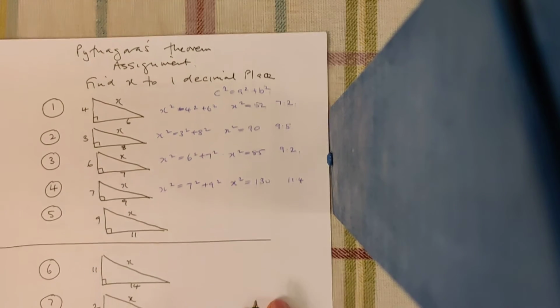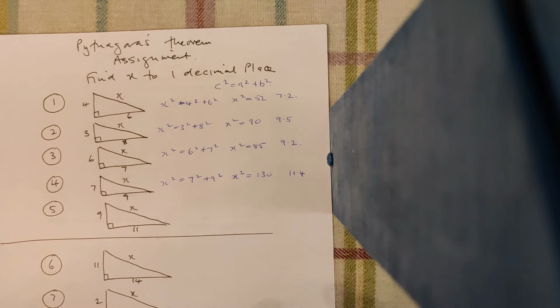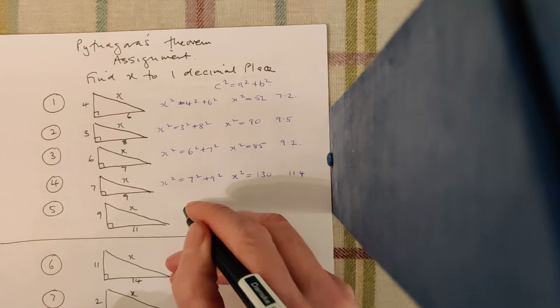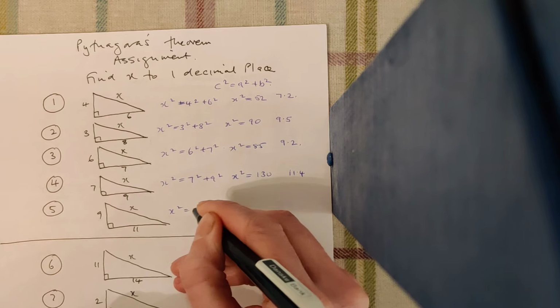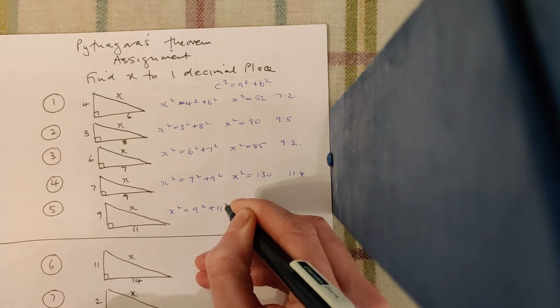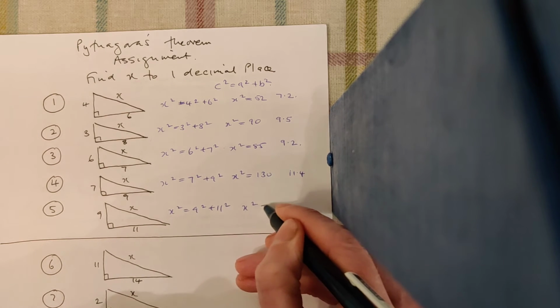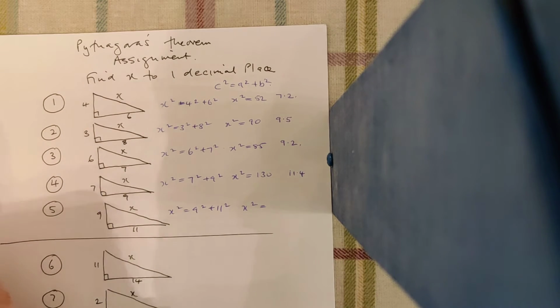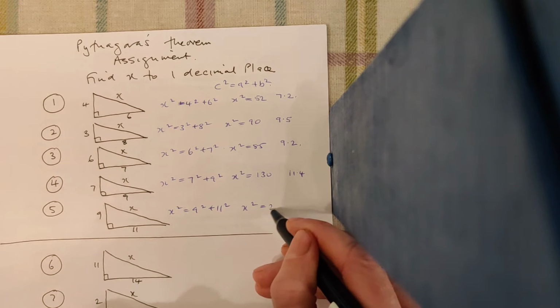The final question in the first homework was question 5, which is x squared equals 9 squared plus 11 squared. So x squared equals 121 plus 81, which is 202.